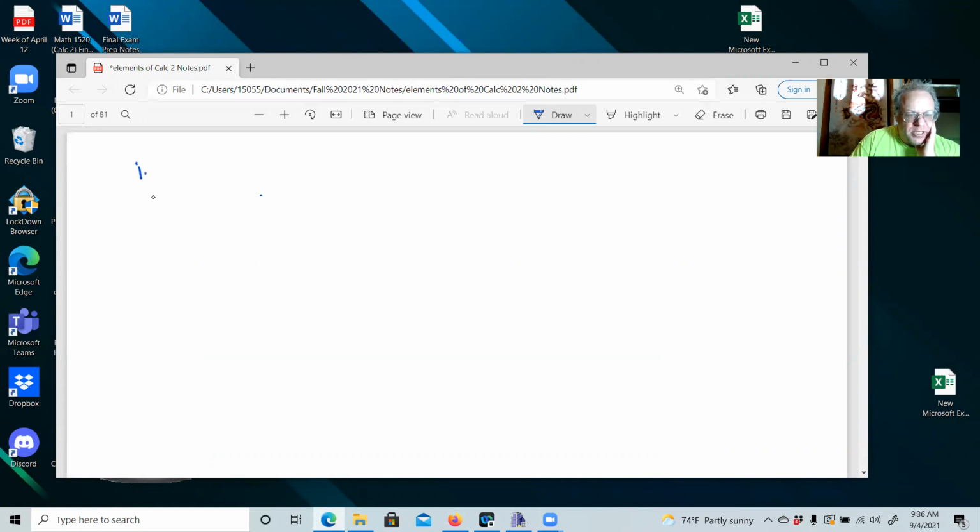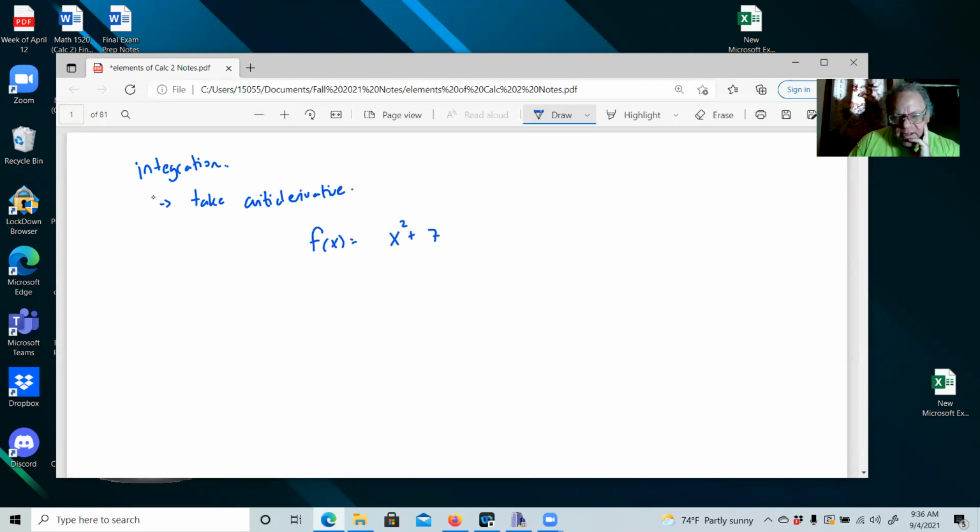We're talking about integration. So think to myself, like, well, what if we have f of x is equal to x squared plus 7, right?